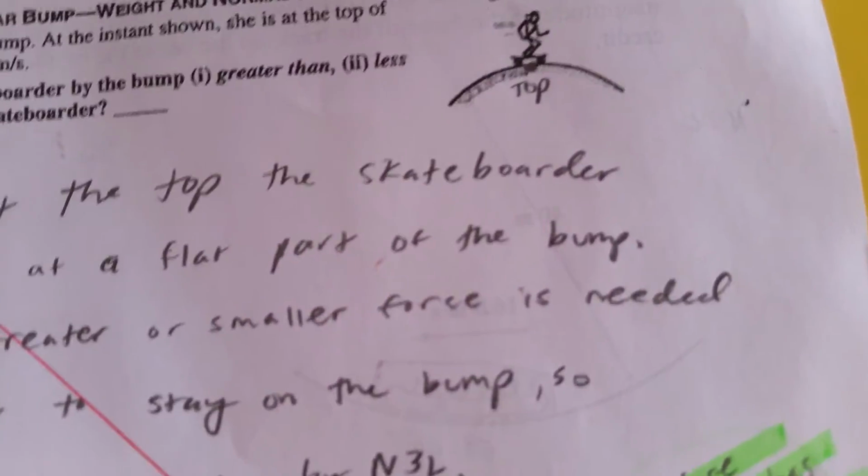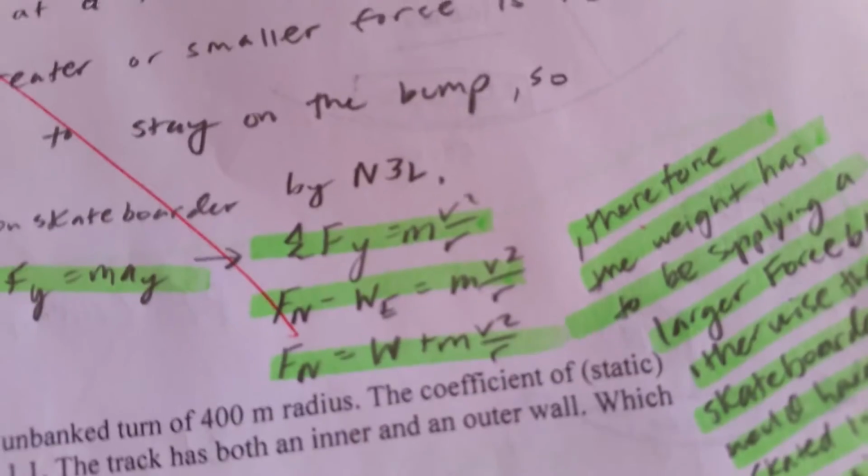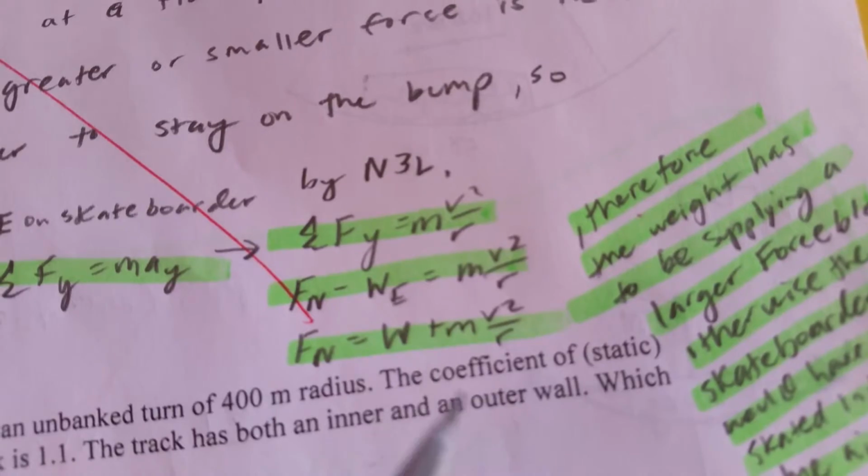So in this problem, the weight plus the mass times the centripetal acceleration equals the normal force.